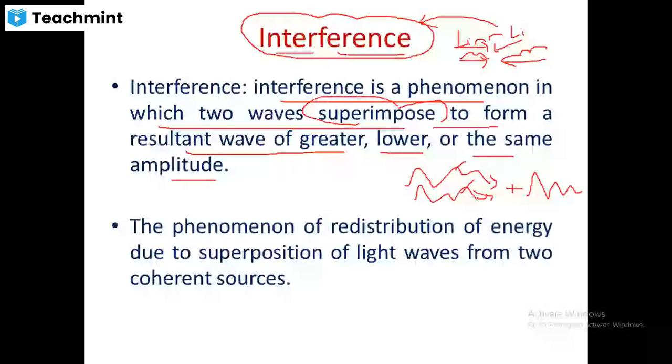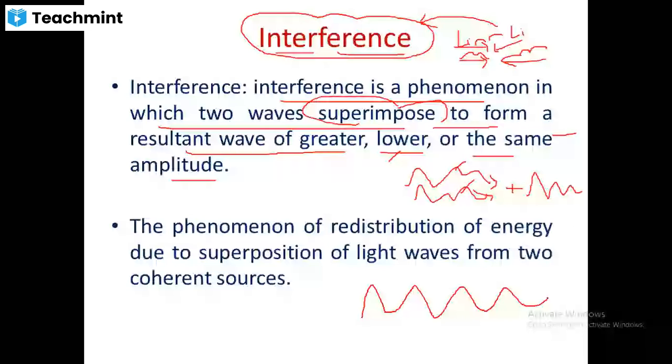So what is interference? Interference is the phenomenon in which two waves superimpose to form a resultant wave. When they combine together, we may get an increase in the intensity, or a decrease in the intensity, or there may be nothing happening, right? When you get a combination, this is the kind of wave we get.